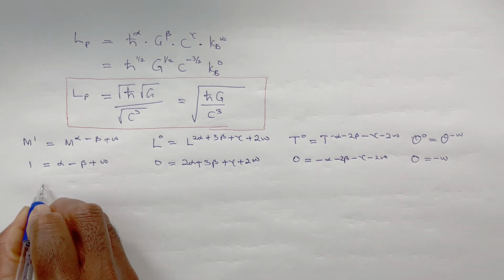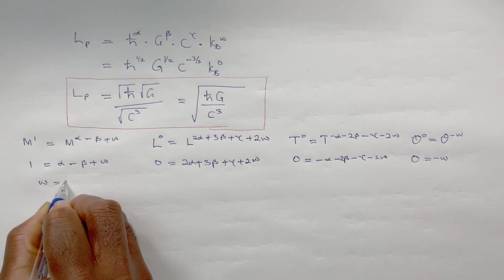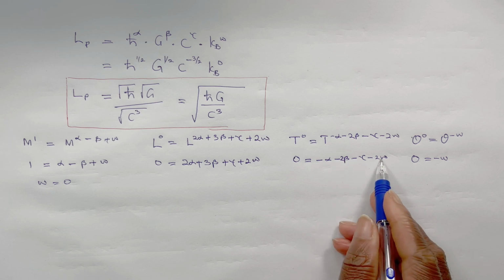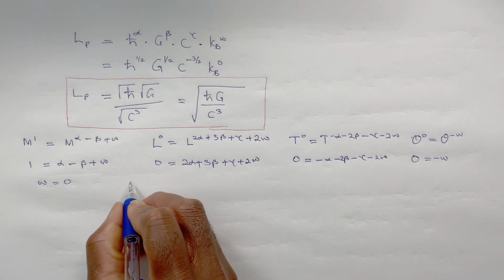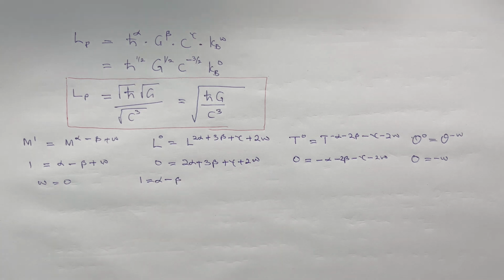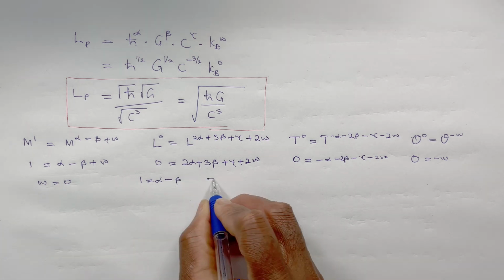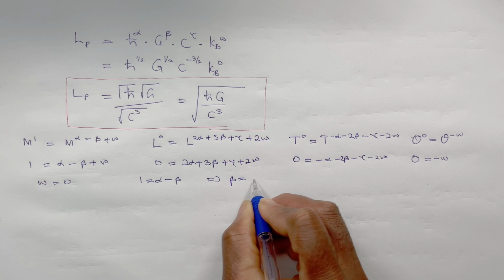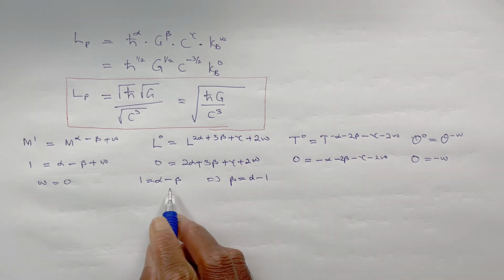Again, minus omega means omega equals 0. Here we put 0, therefore 1 equals alpha minus beta, which means I can make beta the subject, and that implies beta equals alpha minus 1.